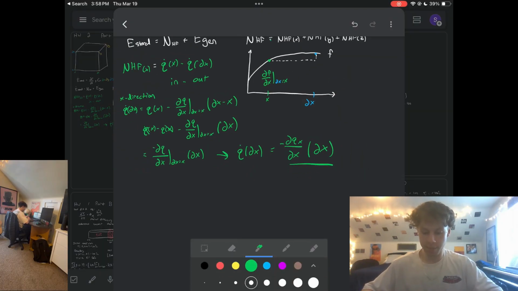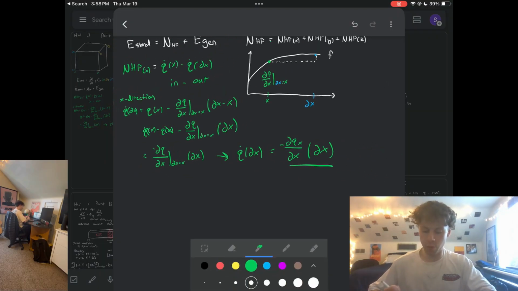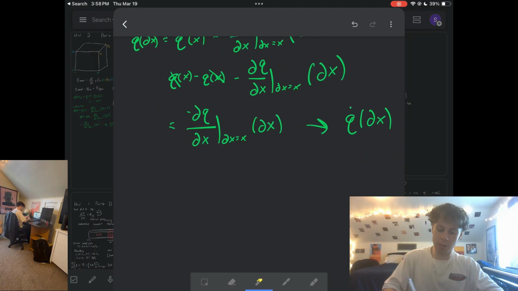Using the same principles, we can apply this to the net heat flow of the y direction and our z direction.